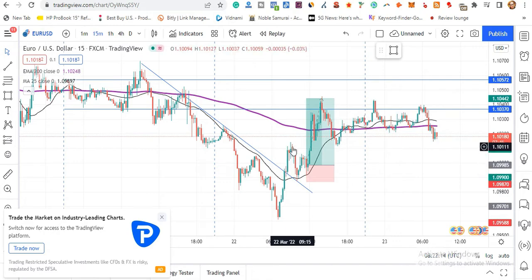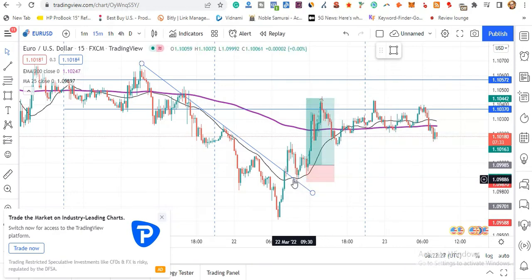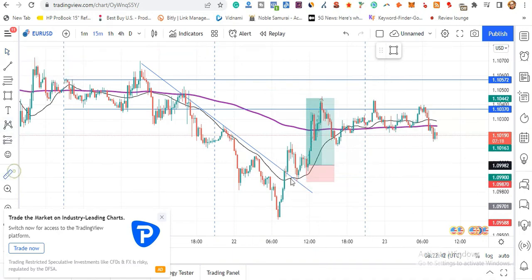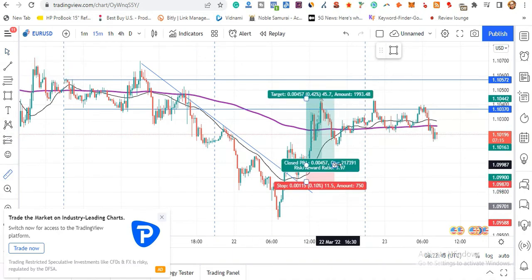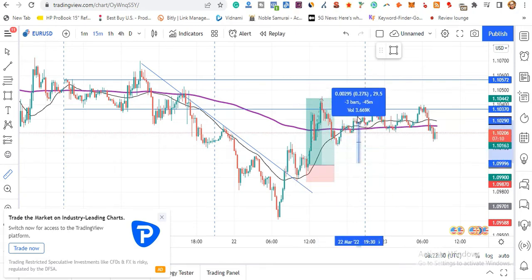So what did I do? I had to wait for it to pull back, to retrace, and I don't just jump into the trade. I make sure there is an engulfing candle or a rejection candle at this point. I started seeing the rejection here, and that's when I took the trade.